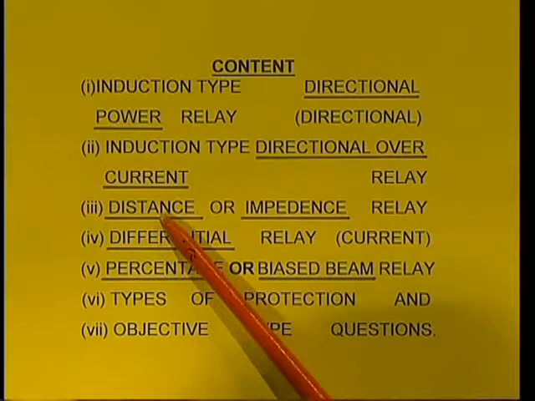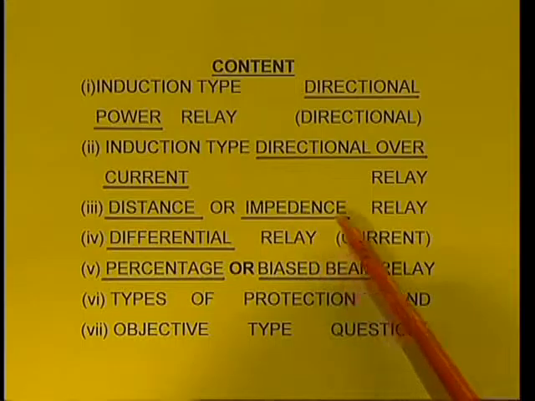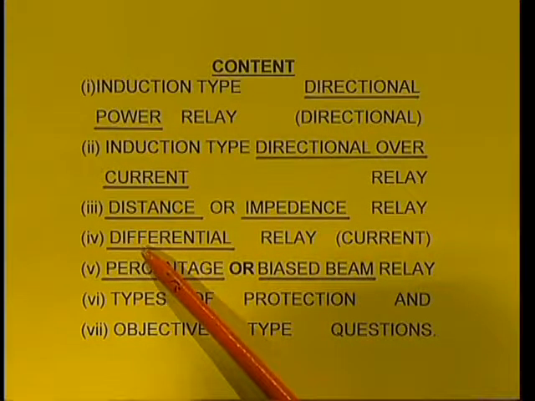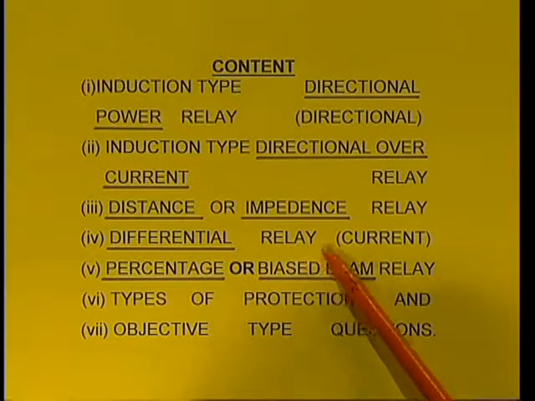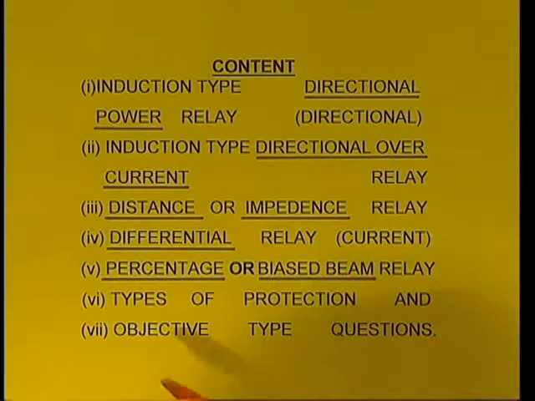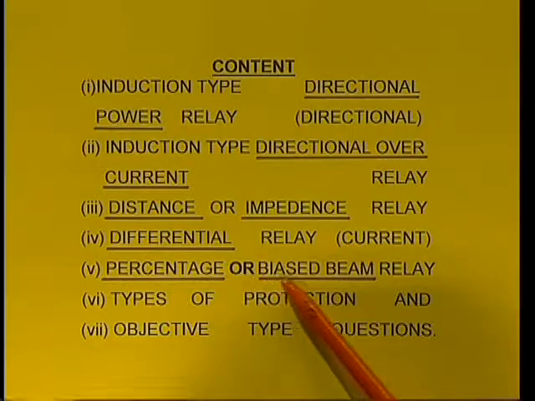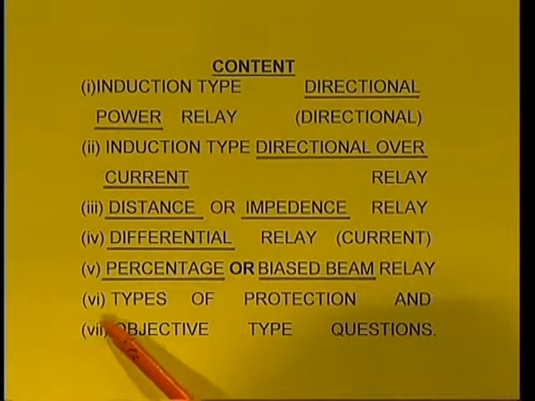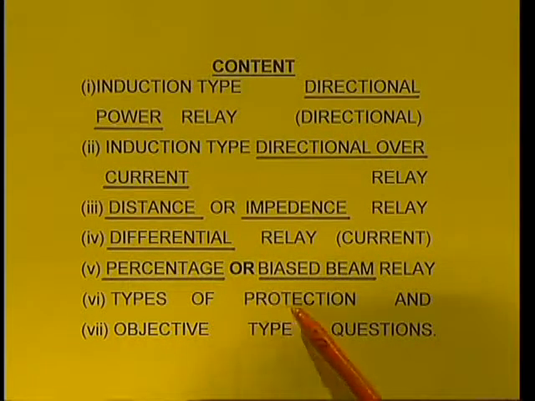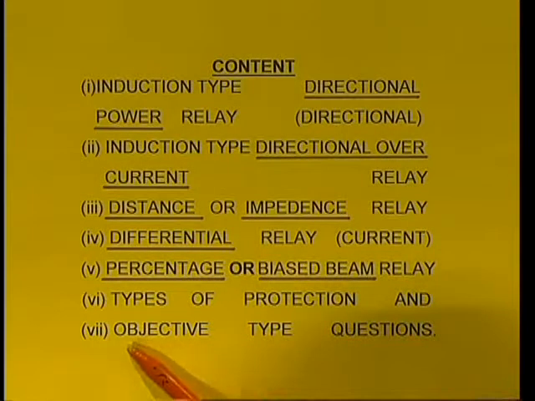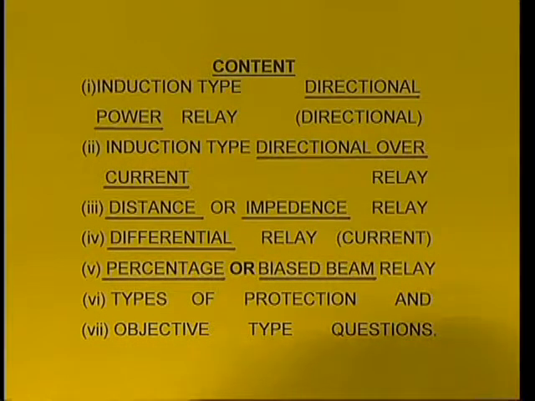Third one is distance or impedance relay. Fourth one is differential relay, current differential relay. Fifth one is percentage or biased beam relay. Sixth one is types of protection, and the last one is objective type questions.